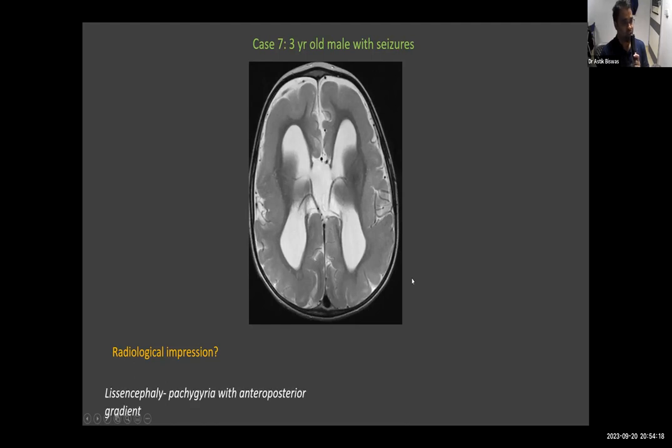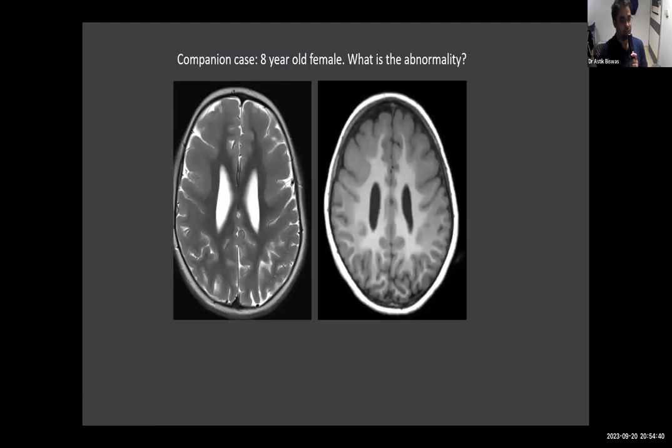So the radiological diagnosis here, listen carefully, is that there is a gradient. This is pachygyria with an AP gradient. With an AP gradient, the most common mutation is going to be in DCX, which encodes for doublecortin protein, and this is involved in neuronal migration.